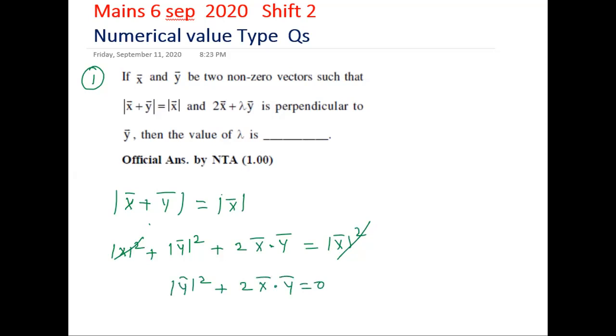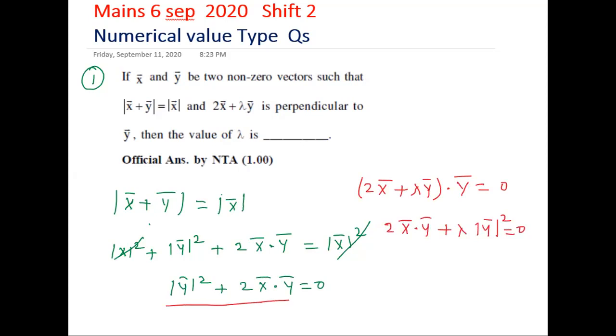And another condition given, 2x bar plus lambda y bar is perpendicular to y bar. That means dot product is 0. Now multiply: 2x bar dot y bar plus lambda into y bar dot y bar, mod y bar square, is equal to 0.